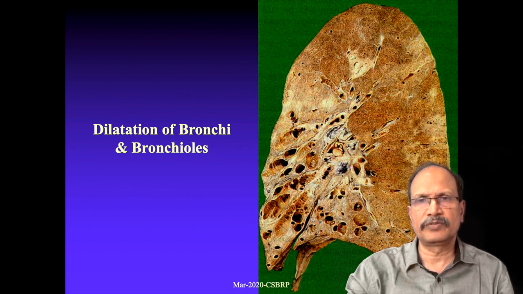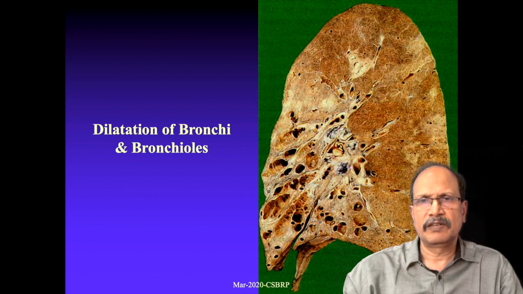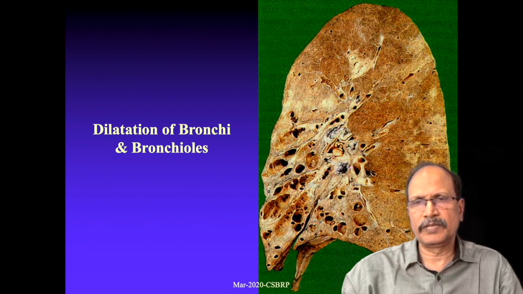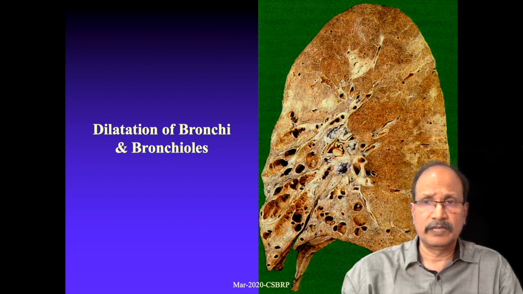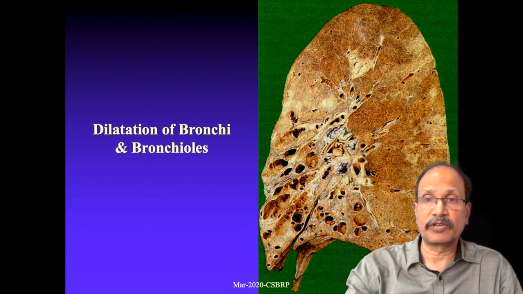If you try to trace air passages from the mainstem bronchus towards the periphery, you cannot go to the pleural surface, and you will be stopping short of 2 centimeters from the pleural surface. This is normal. But if you can trace the bronchial tree to the surface of the pleura or beyond this 2 centimeter level, then the patient must be suffering from bronchiectasis.